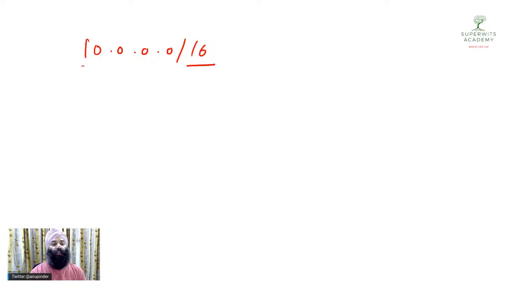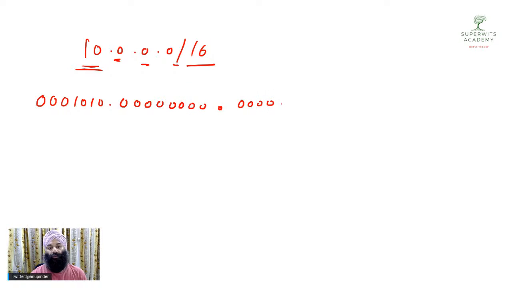If I convert each octet into binary, it is 00001010, then dot again 8 zeros, and then again 8 zeros. So this is what this address resembles.